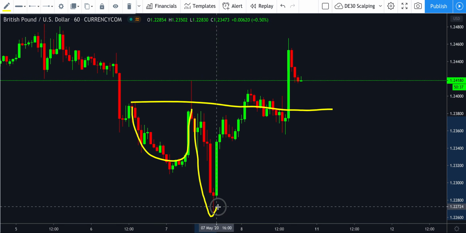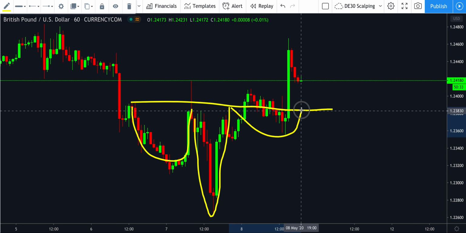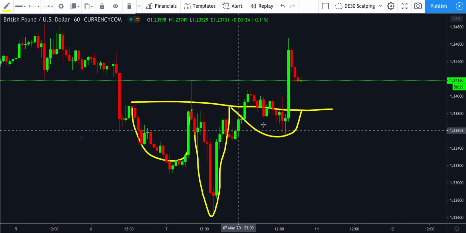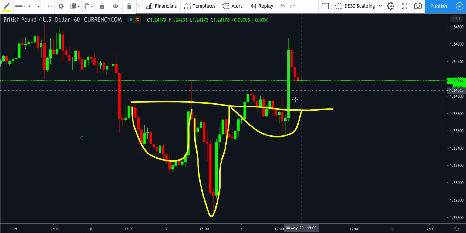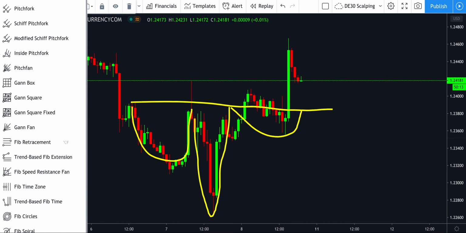It made another lower high, but then it made a higher low. So this is clearly a change in momentum as well as a change in market structure. This change in market structure can be traded by using a Fibonacci retracement.